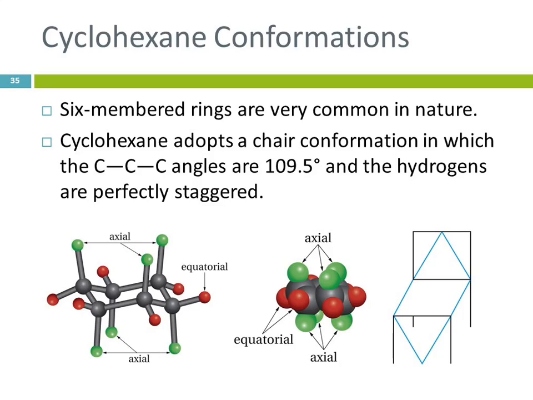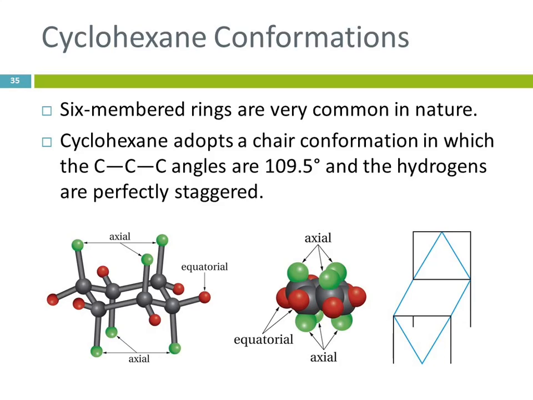Cyclohexane makes this chair formation. You're like, how are they getting a chair out of that? Well, how do you get a hunter out of the constellation Orion, right? You have to use your imagination. So the blue is the carbon bonds. So here's 1, 2, 3, 4, 5, 6.